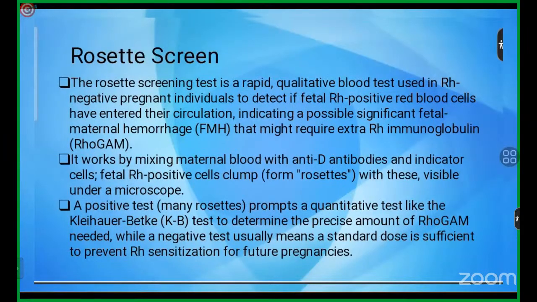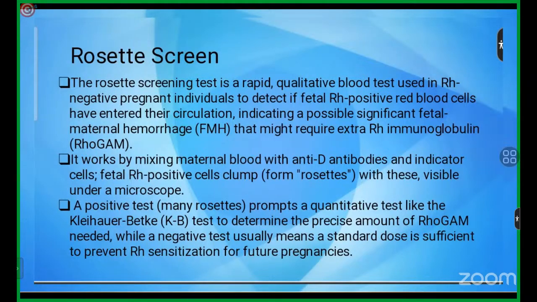It works by mixing maternal blood with anti-D. If there are any traces of Rh positive cells in the blood, it means that there has been fetal maternal hemorrhage.